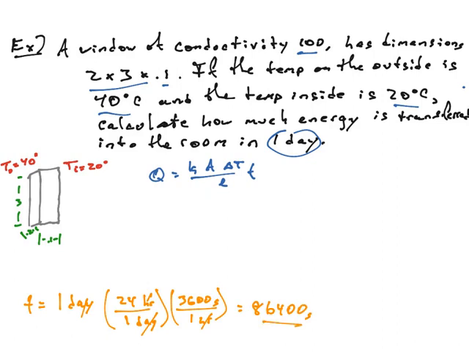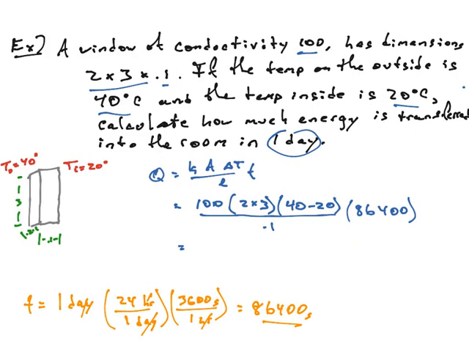And now I have my time. So now I can plug my numbers in. 100, the area is 2 times 3, which of course is 6. Delta T, 40 minus 20. Thickness, 0.1 times the time, 86,400.